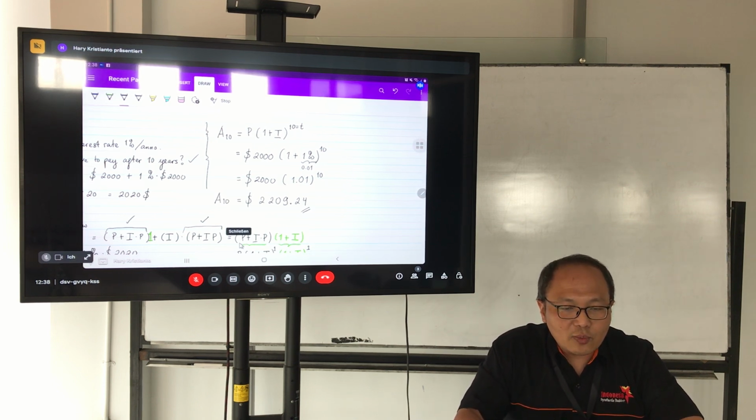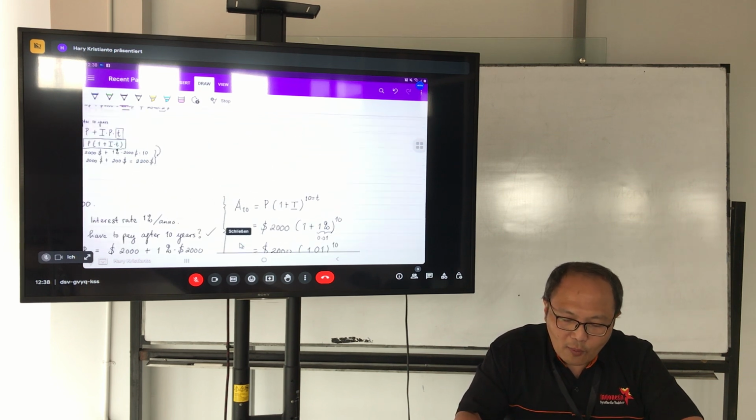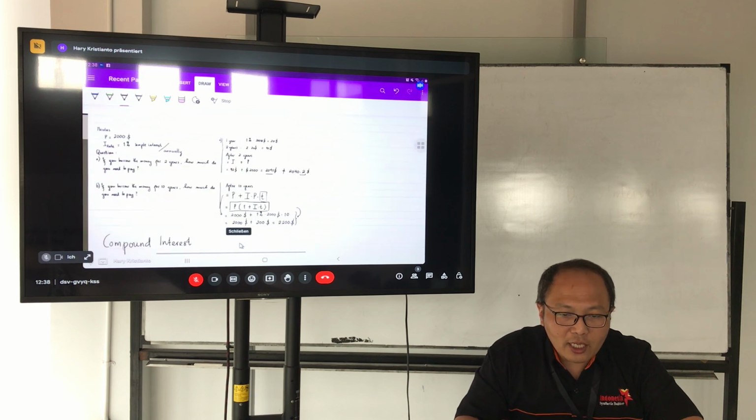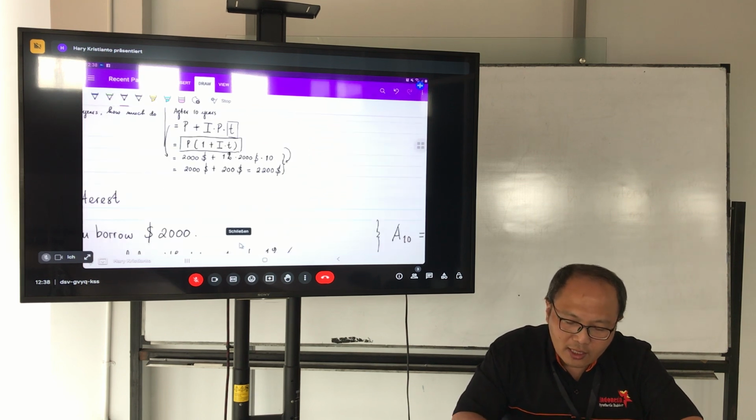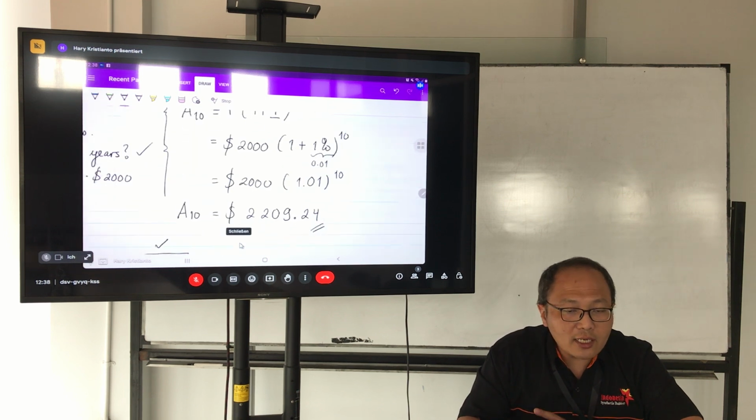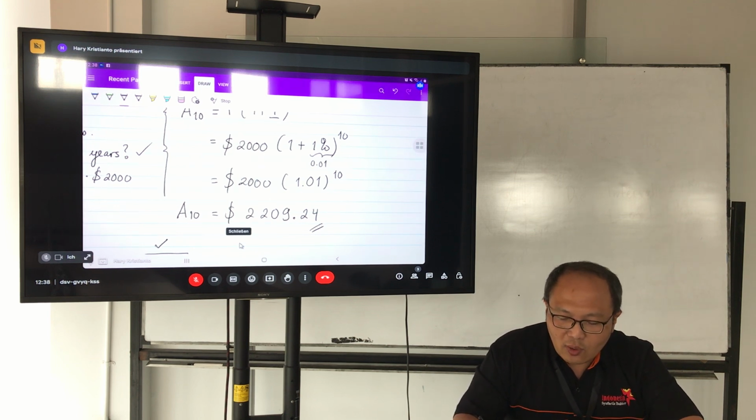That's the money you need to pay, 2209.24. Compared to the simple interest, where you have to pay only 2,200, with compounded interest it is 2,209, so $9 more. Well, that's not much, Sato.